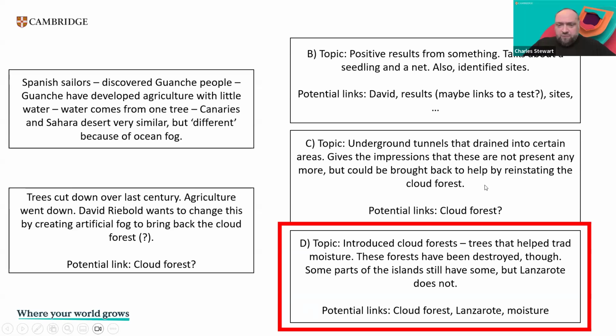So even though here cloud forest was mentioned, in this paragraph, Lanzarote was also mentioned as well as moisture. Therefore, it would be logical to introduce cloud forests before then having a paragraph about David Reibold wanting to change the trees being cut down by creating artificial fog to bring back the cloud forests.